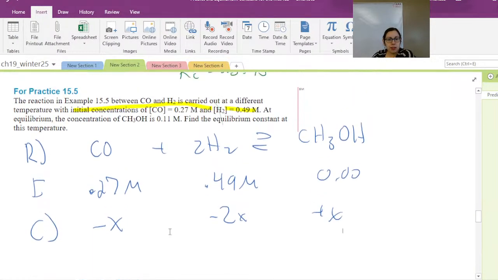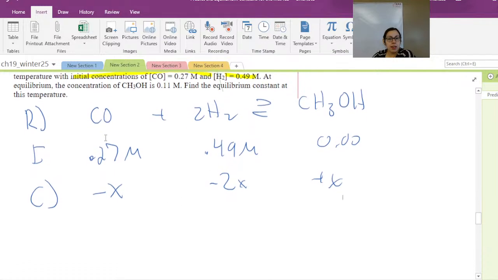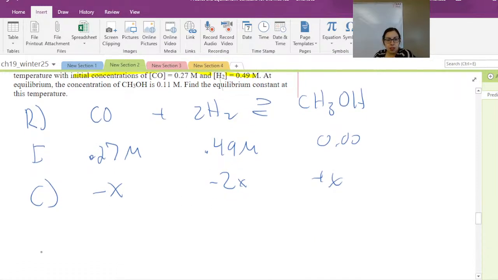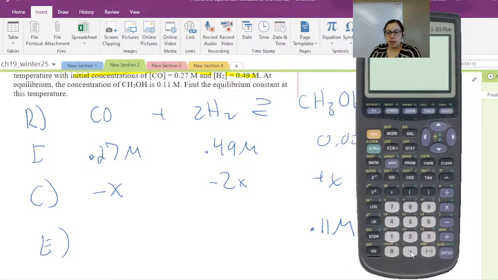And so then what do they give us? At equilibrium, our concentration of methanol is 0.11 molar. All right, so what's x then? 0.11 molarity. Excellent. So now we can find everything from that.